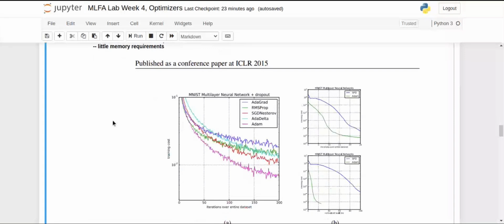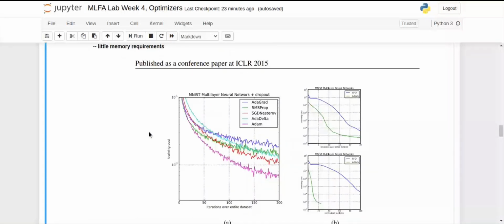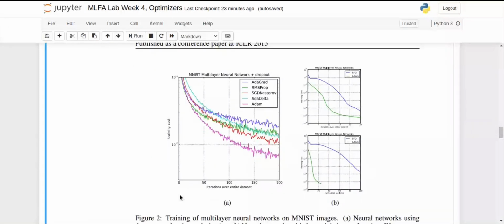There is a plot which is actually from the original paper of adam. You can see from this picture there are several optimizers: adagrad, RMSprop, ada delta, adam. On the y-axis there is the training cost, and on the x-axis the iterations over the entire dataset. You can see that within 50 epochs the training error is significantly lower than other optimizers.